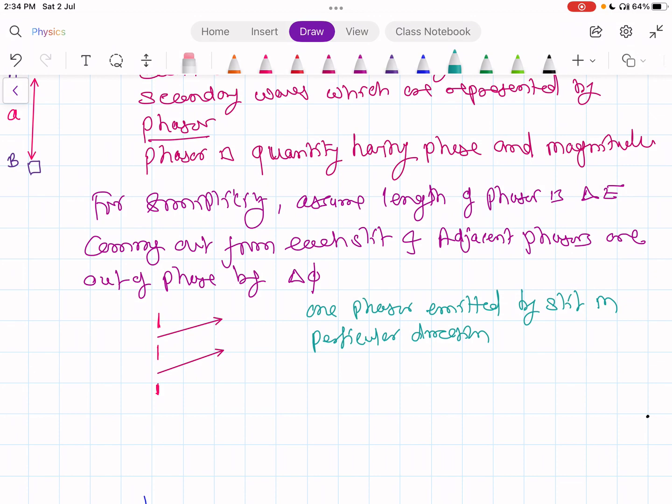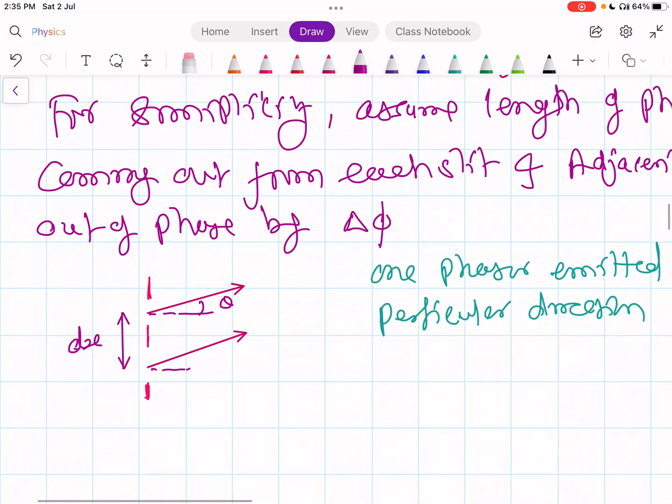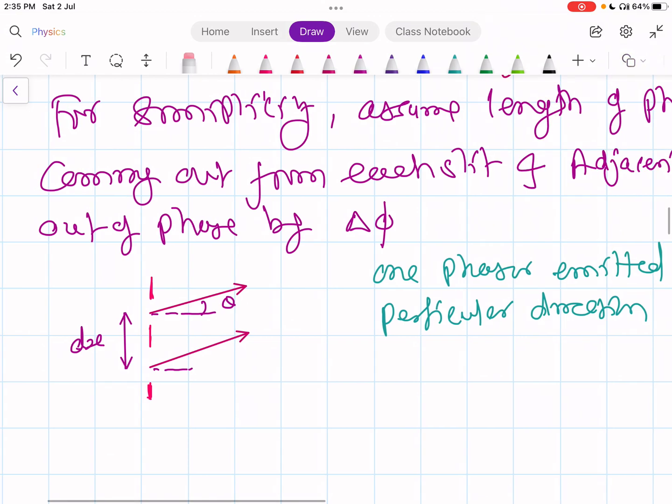Now these two phasors are emitted from adjacent slits, and the width of each slit is dx. So the distance between the centers of these two adjacent slits is dx, and of course this angle is theta. We have to find the path difference between these two phasors. To find it, we draw the normal to the second phasor, and the distance from this point to this point is the path difference.